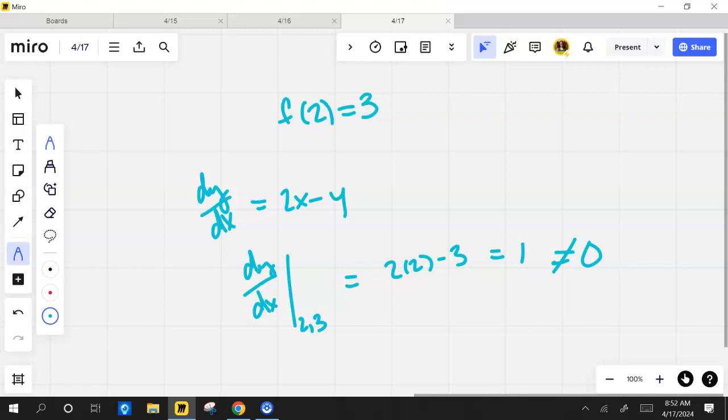You actually got 1 point for plugging the point into the derivative, and then you got a point for the explanation, saying that it's because it doesn't equal 0. I said, since the derivative does not equal 0 at x equals 2, 2, 3 is neither a max or min. However you worded that, same. But you had to say that because it doesn't equal 0.